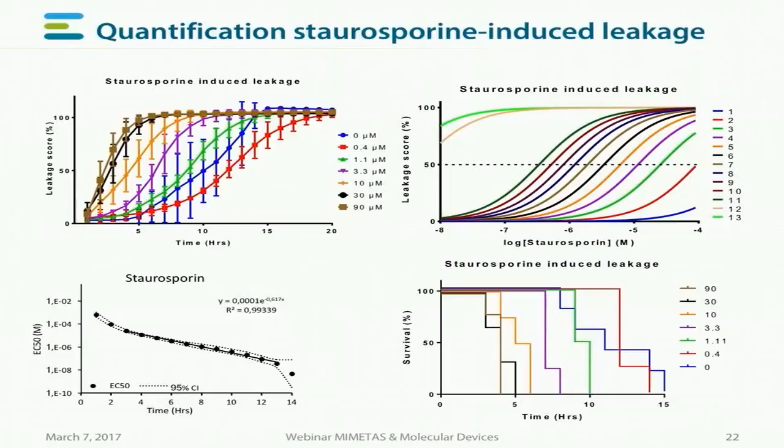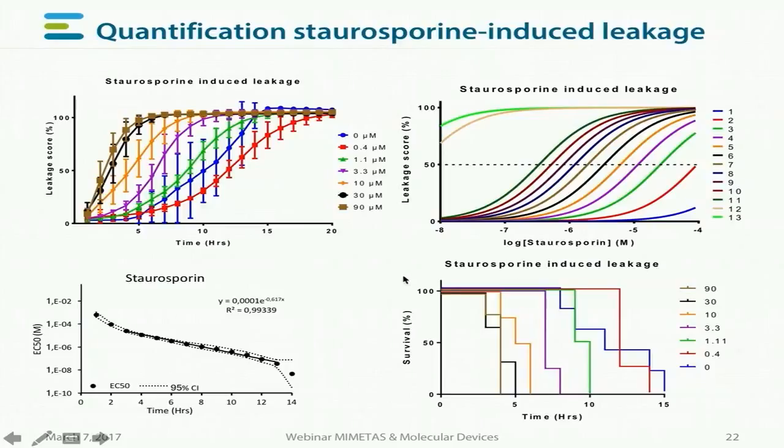We can quantify this in many ways, and here you see the leakage score over time, actually showing that at low concentrations the tubes start to leak more slowly, and at high concentrations the leaking starts earlier. We can also depict it as the concentration of staurosporin over the leakage score, or we can calculate an EC50 curve.